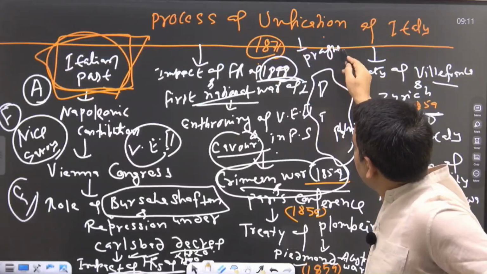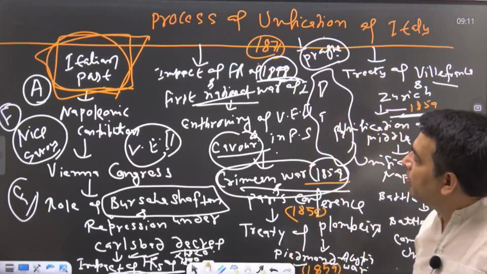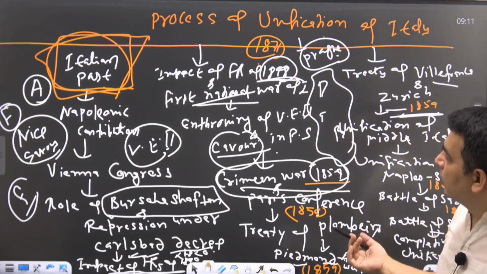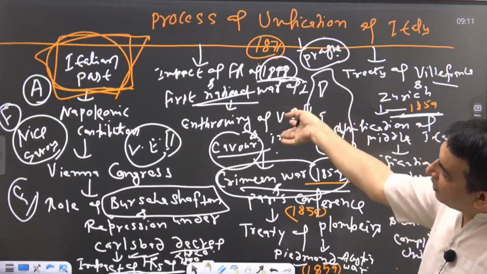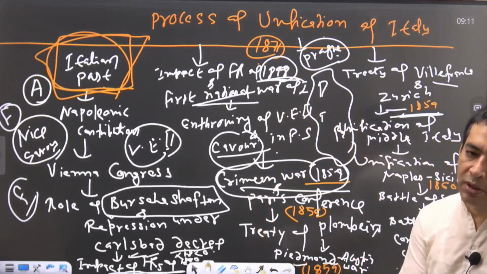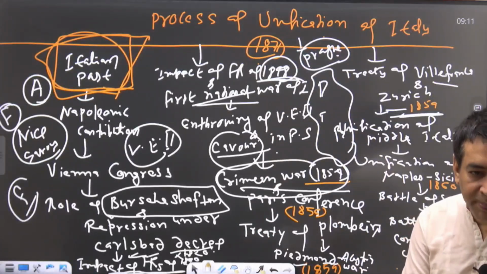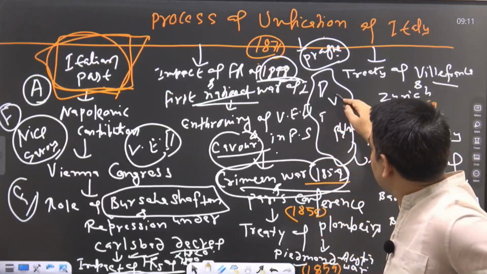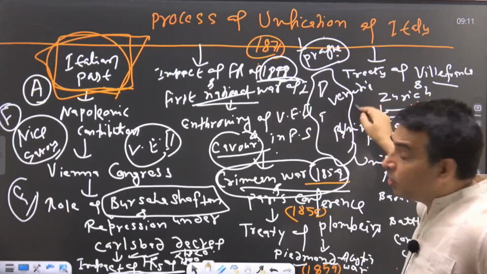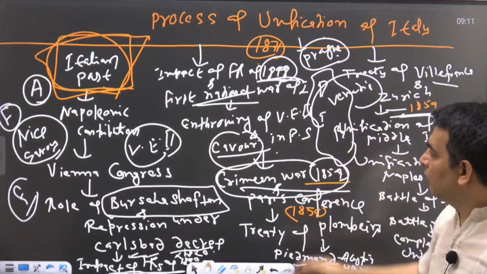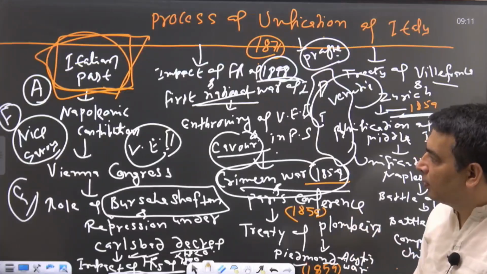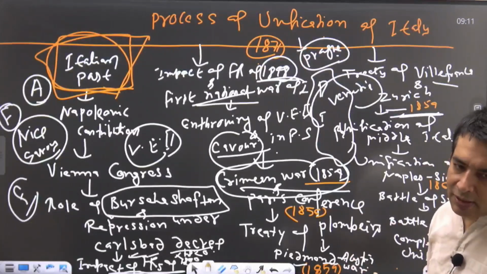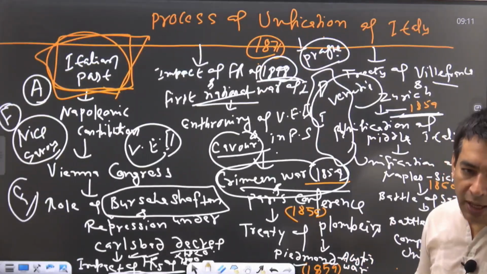At the Treaty of Prague, Austria promised that from now onward it was not going to intervene in the unification process of Germany and Italy. First thing. Second thing, Venetia was given to Italy. So this is how Venetia became part of Italy in 1866 through the Treaty of Prague after the Battle of Sadova.